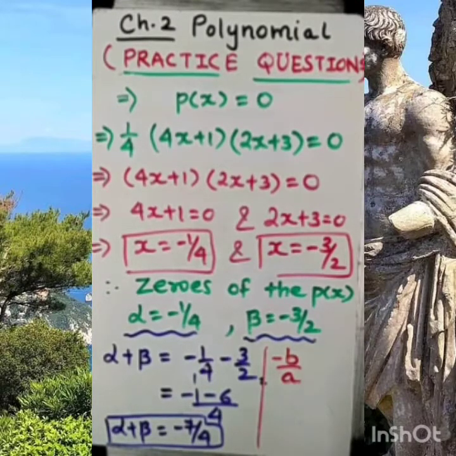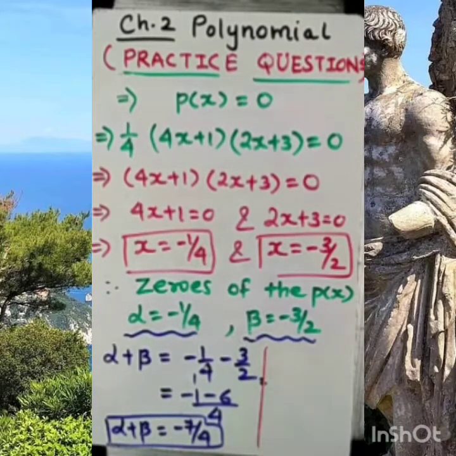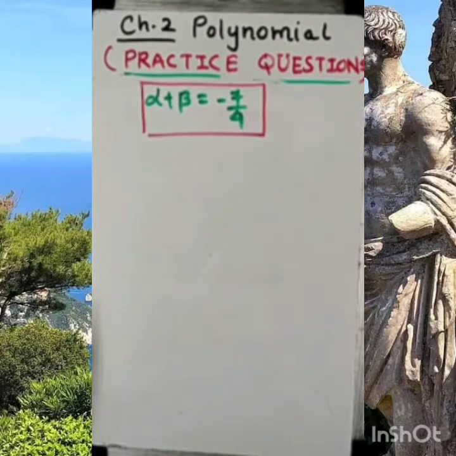So first of all, I think we need to refer to the polynomial. Okay, let's see the next step. Keep this value in mind: the sum of the two zeros is minus 7 by 4. So dear student, here we got the value of alpha plus beta, that is minus 7 by 4.